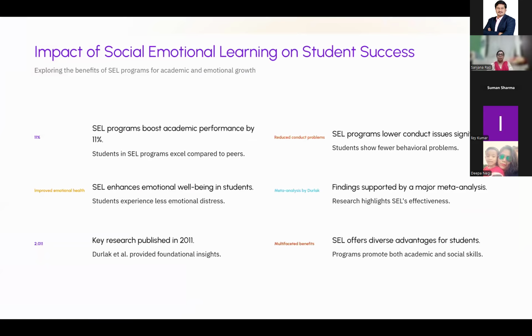The next topic is the impact of social emotional learning on students' success. All these things we are implementing and fostering are for their success, for their growth, not for any negativity. All the things are done for the positive effect.